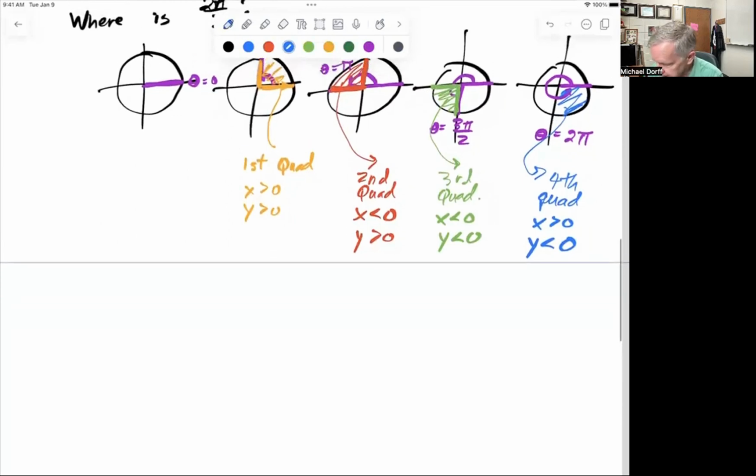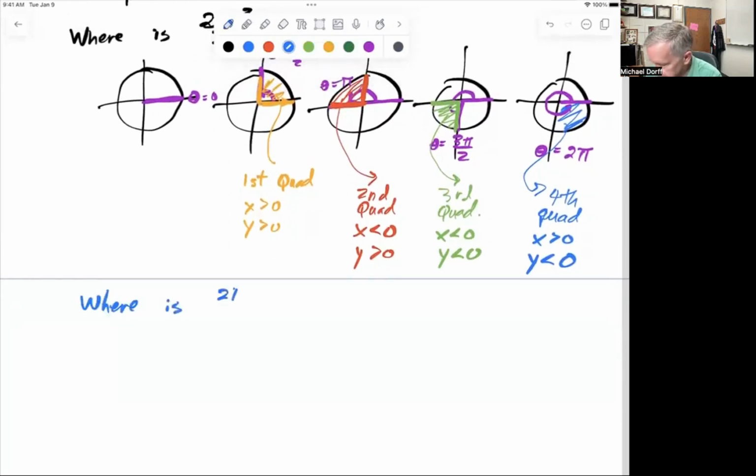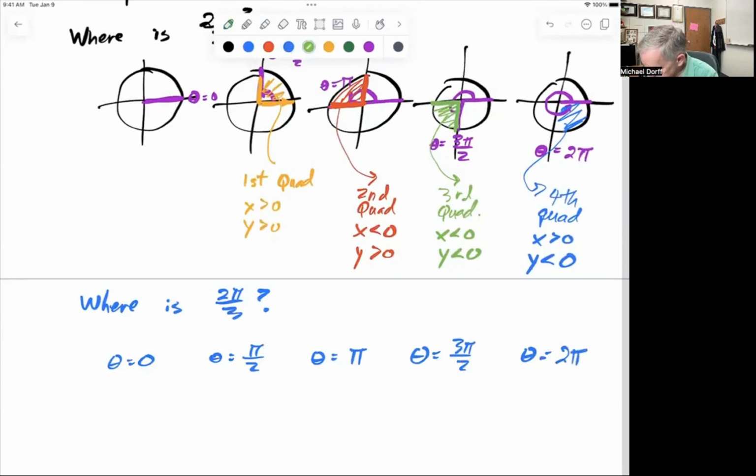functions here. All right, so where is 2 pi over 3 in comparison to these different values? So we had theta equals 0, theta equals pi over 2, theta equals pi, theta equals 3 pi over 2, and theta equals 2 pi. Well, what do we get? 2 pi over 3 is going to be between pi over 2 and pi, because I can think of 2 pi over 3 as 2/3 pi, pi over 2 as 1/2 pi, and pi as 1 pi.